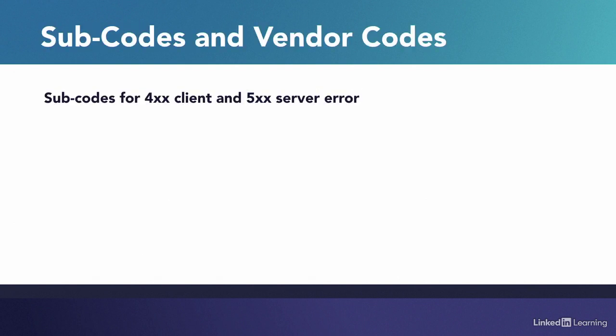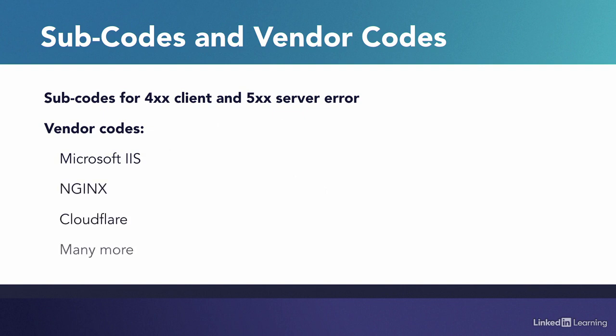There are lots of subcodes within each of the classes, but especially in the 400 client error and 500 server errors. Besides the official codes, there are also codes implemented by individual software vendors such as Microsoft IIS, Nginx, Cloudflare, AWS Elastic Load Balancer, and many more. The 200 codes are typically what we want to see.